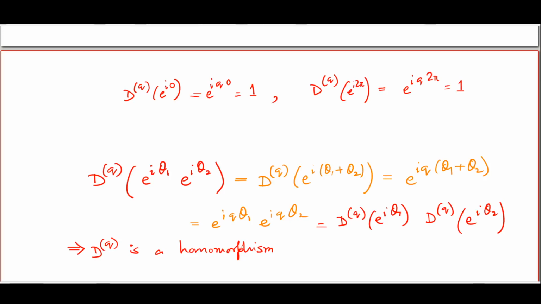Okay, so now we have established that the map which sends e to the i theta to e to the iq theta is a homomorphism and hence gives us a representation which has to be irreducible, being one-dimensional. But some of you may have the feeling that there could possibly be other representations, other one-dimensional irreps, which are not of this form. So let us look at the converse question.